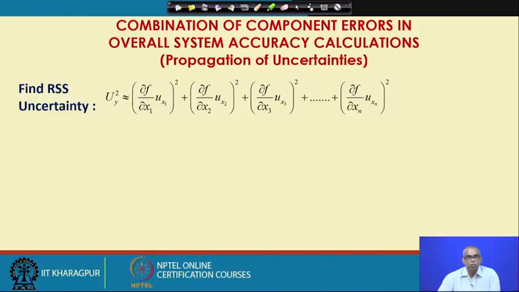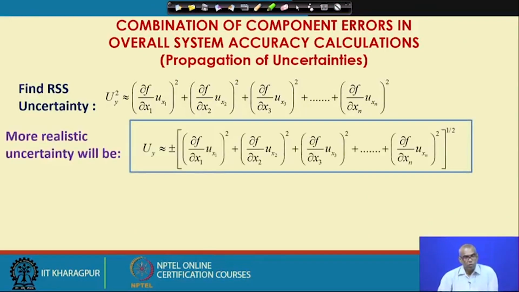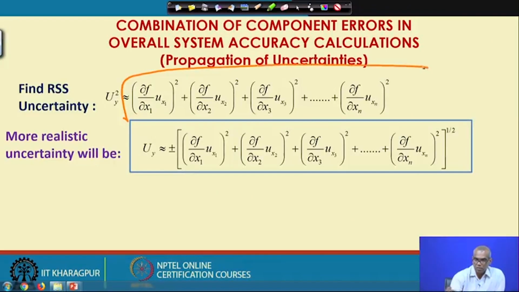So, first we square both the sides. I neglect all the cross terms and square both the sides to obtain this equation. So, from this the most realistic uncertainty u y can be obtained as the square root of the sum of squares of these quantities, which is this.